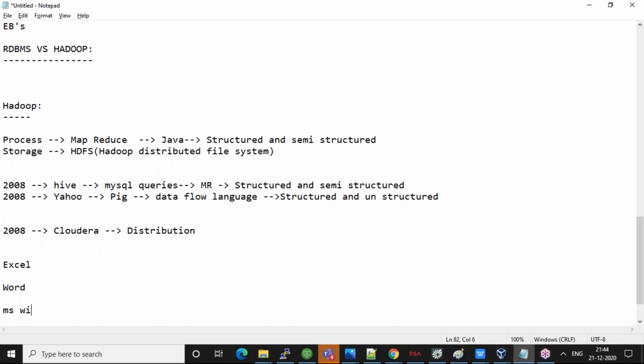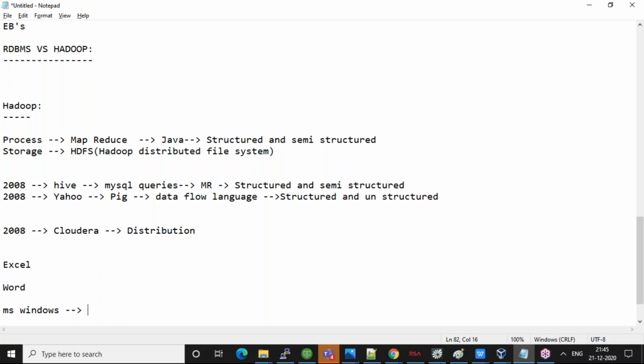Once MS Windows came into the picture, if you purchase it, MS Excel, MS Word, WordPad, all are available in one single place without installing manually. Am I right or not?